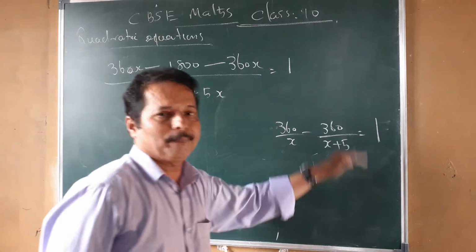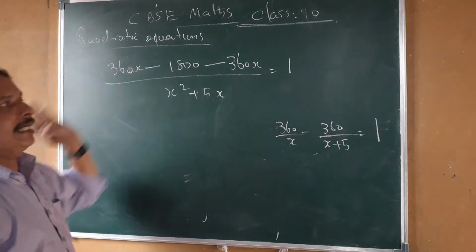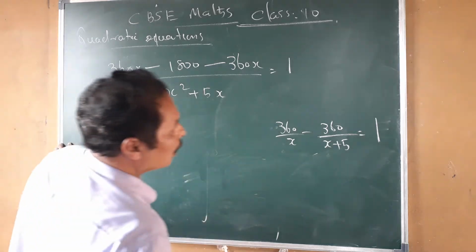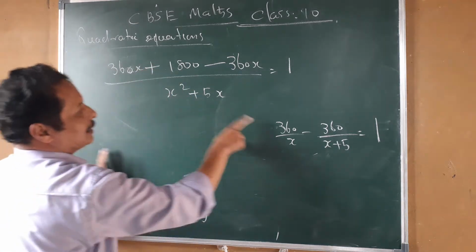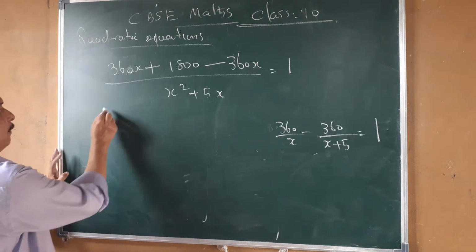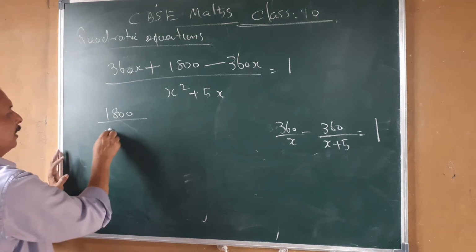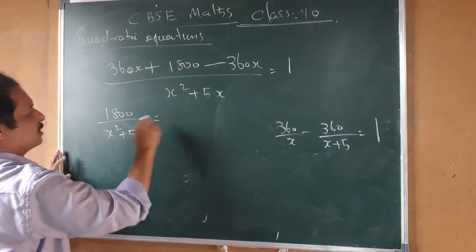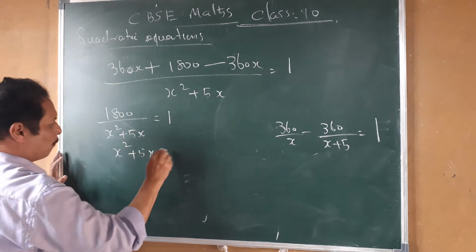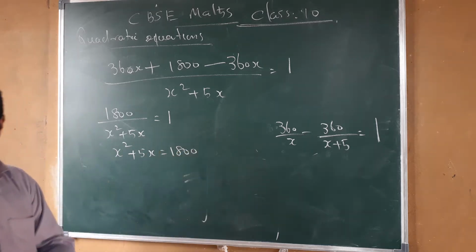You get the idea? 360x minus 360x cancels. So it is 360 into 5, that is plus 1800. 1800 by x square plus 5x is equal to 1. Again cross multiply. x square plus 5x equal to 1800.